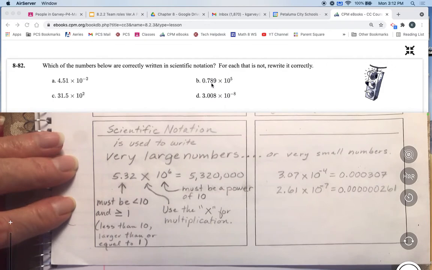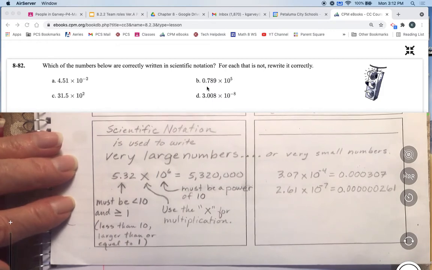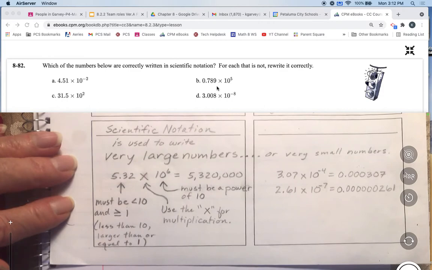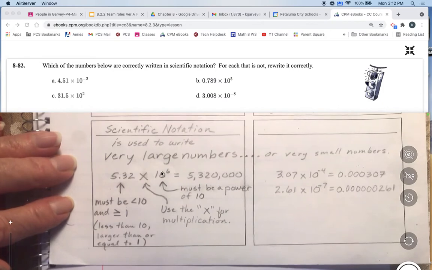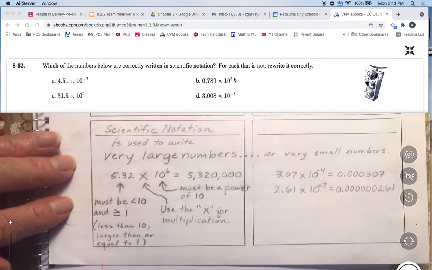So when we look at this, we realize, it is 0.789. So it's less than 1. So it does not fit the criteria for the first factor. However, the second factor is okay. It's a power of 10. So it's got a base 10 and it has a power. So that part is okay. It's just this part that is not okay.